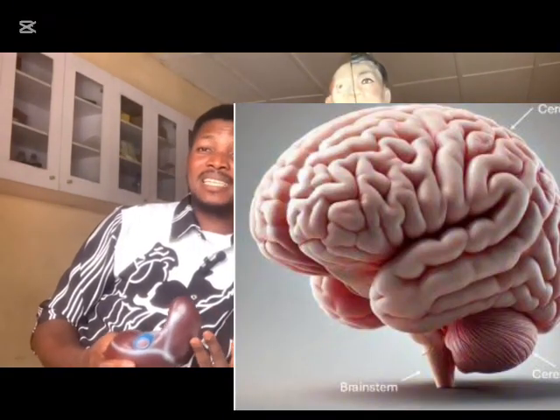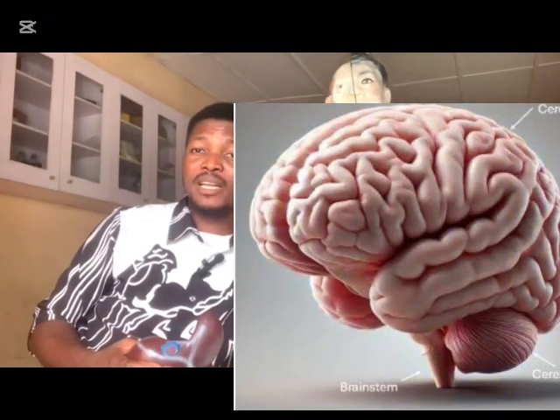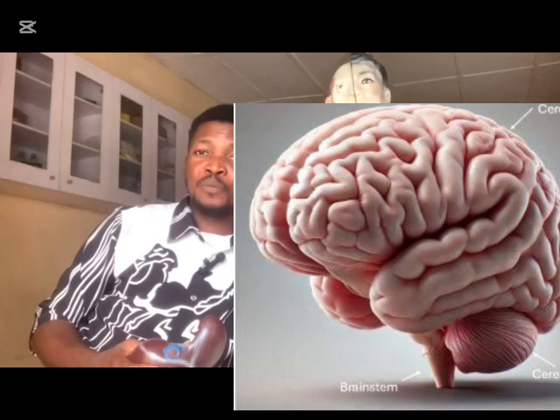Now the brain. What is the function of the brain? It is the brain that detects if the sugar level of the blood is high or low. So the carotid arteries take blood to the brain. And so the brain detects if the sugar content of the blood is high or low. But then the brain does not have the power to take out some of this sugar or to store it somewhere.